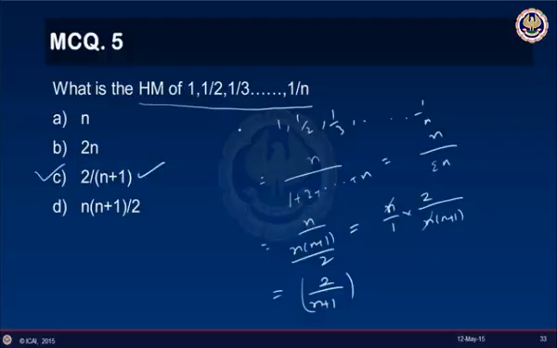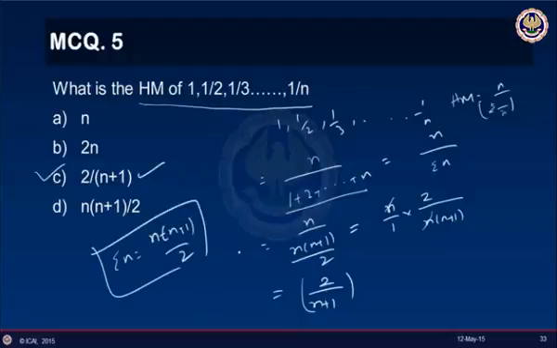So once again, the series is in the form of 1, 1 by 2, 1 by 3, up to 1 by n, which is the sum of the first n terms of an AP. As per the harmonic mean formula, n by summation of 1 by x, we reciprocate all the values. This is equivalent to the sum of the first n natural numbers, which is n into n plus 1 by 2.